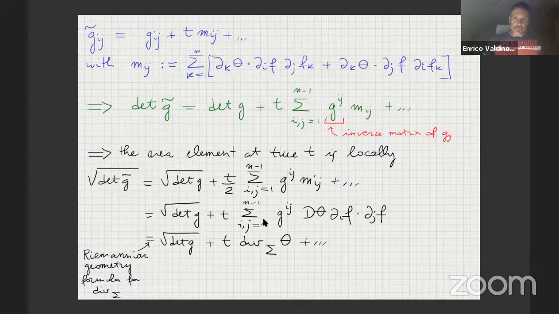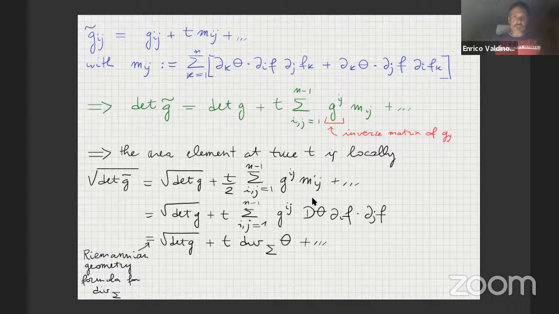And here you just realize that dif, djf is precisely gij, and so here you get exactly the tangential divergence of theta. If you remember last lecture, there was a slide in which I said, if you want to put coordinates, the tangential divergence is exactly this object here. Okay.